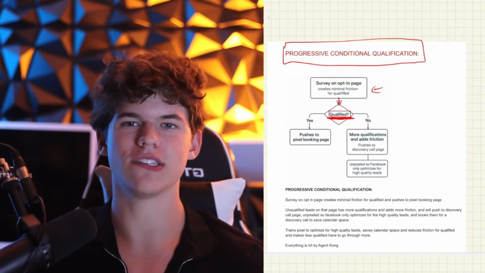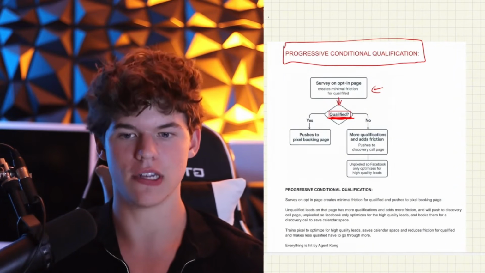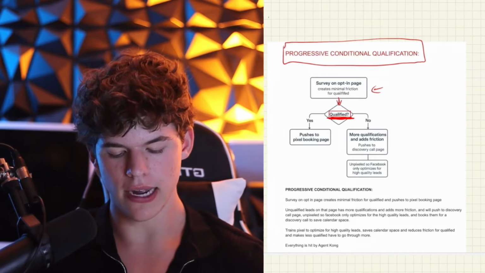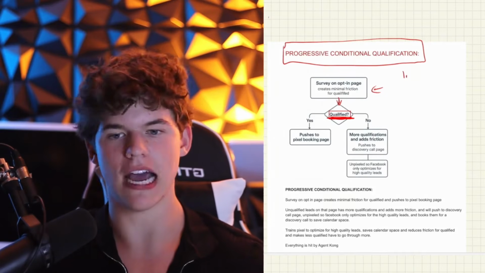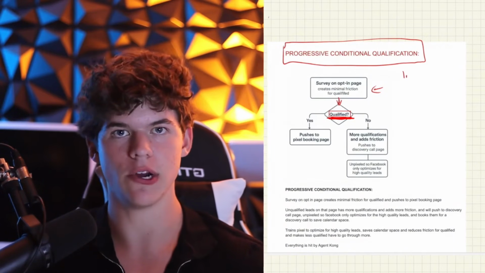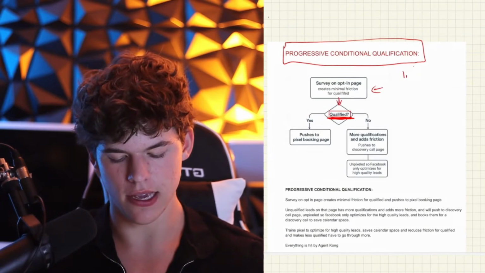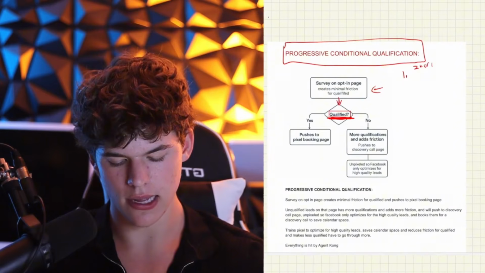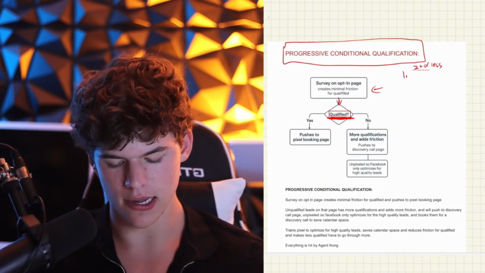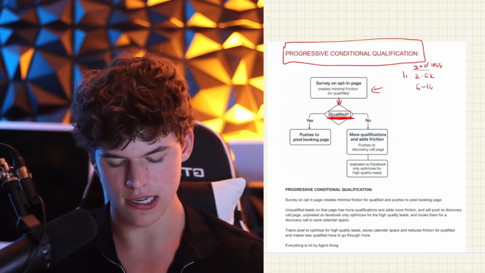For example, this is not necessarily something you want to run, but I'm just going to give you a very blunt example. Let's say question 1 is, how much are you willing to invest in your marketing? You can have 2K or less, 2 to 5K, and then 5 to 10K.